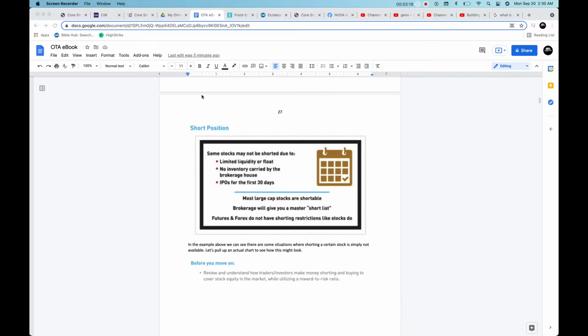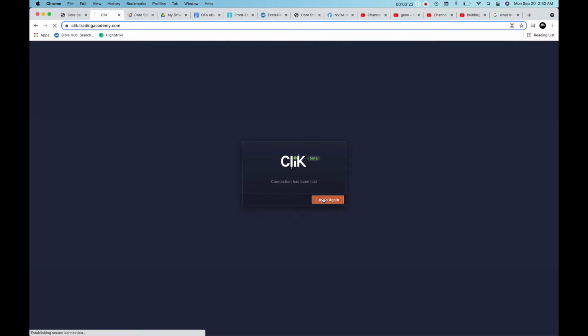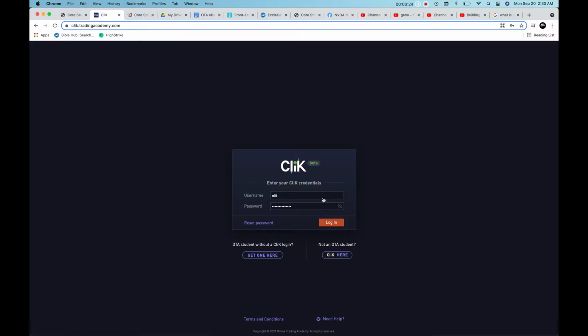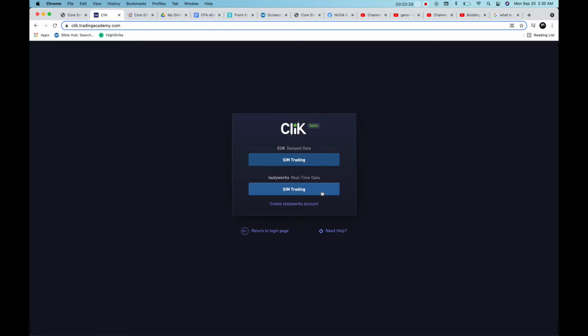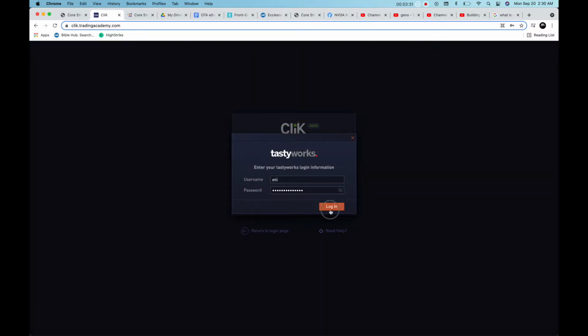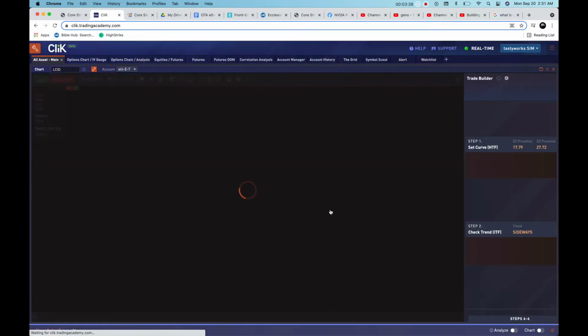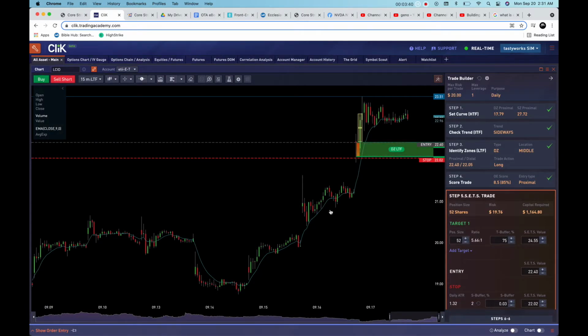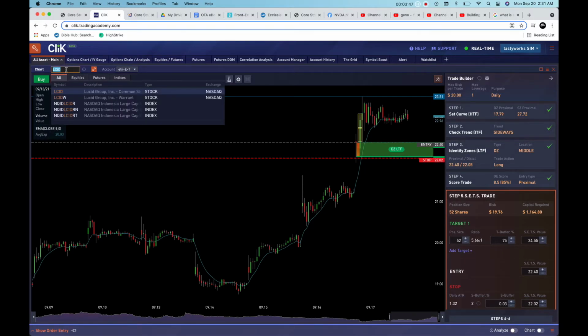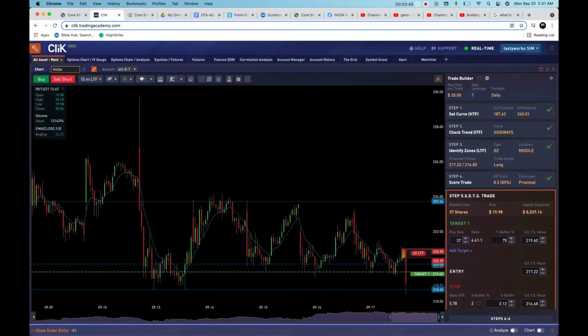Now, let's go ahead and pull up a chart and let's get a look at what shorting a stock would actually look like on an actual chart. So I'm logging in. So what do we have here? This is Lucid. Let's find NVIDIA.